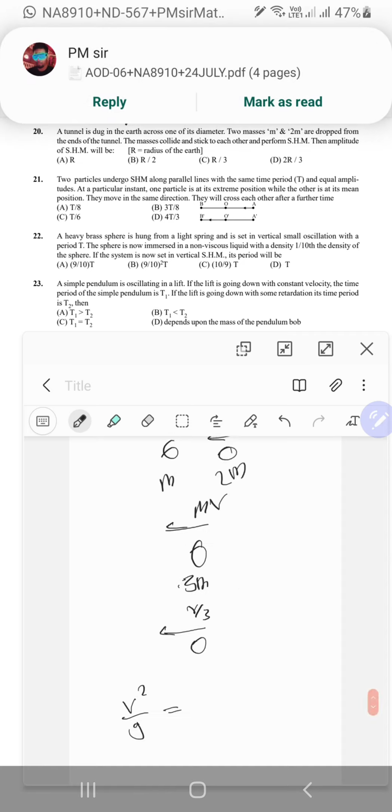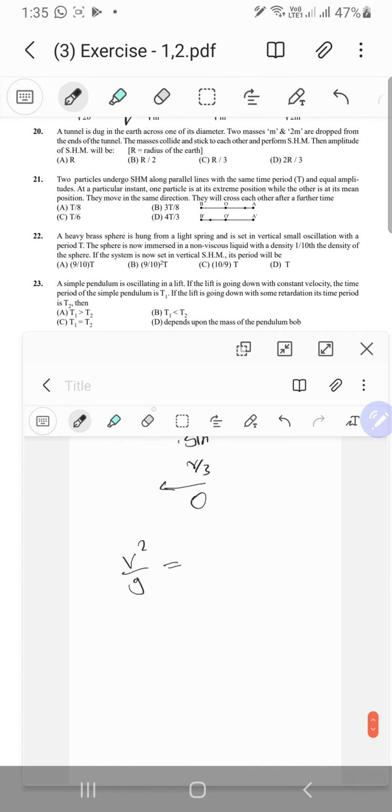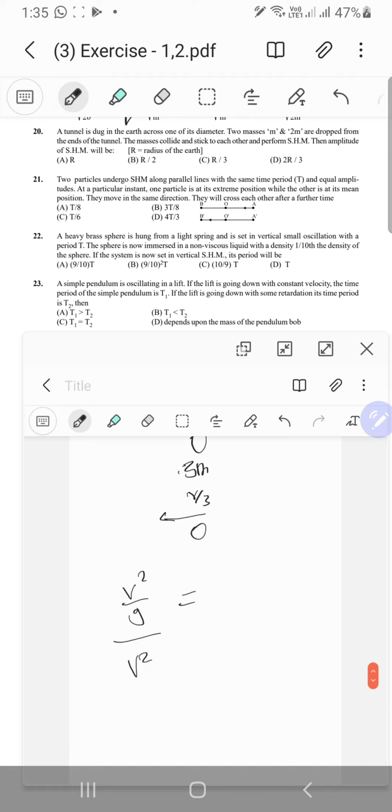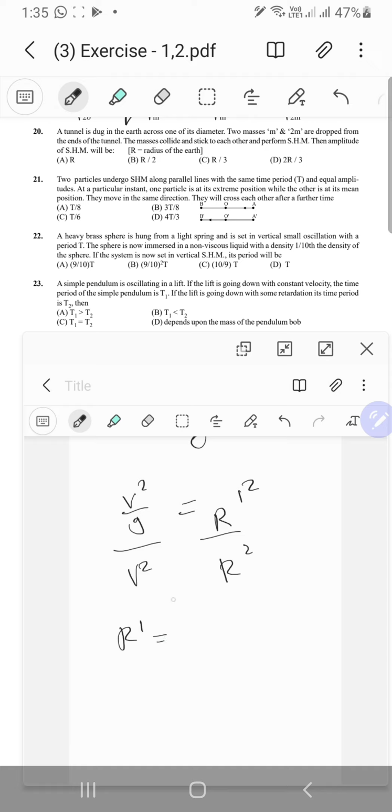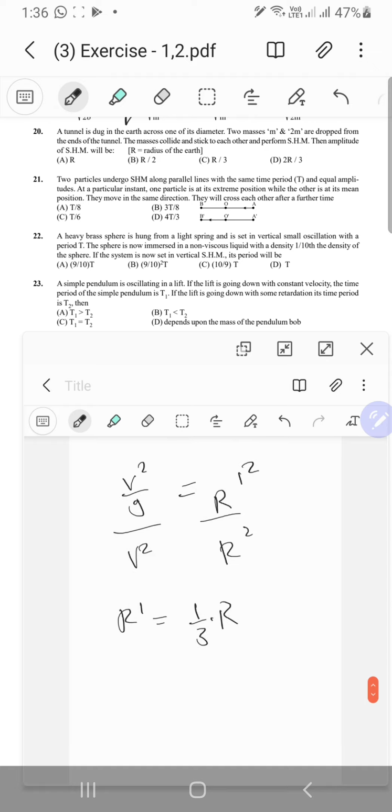In fact, let's take the ratio. So v squared upon 9 upon v squared would be the ratio of the squares of the amplitudes, so R dash squared upon R squared. So we get R dash equal to 1 by 3 into R. That's how far it will go, R by 3.